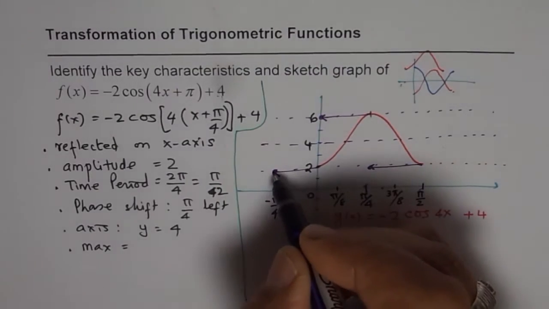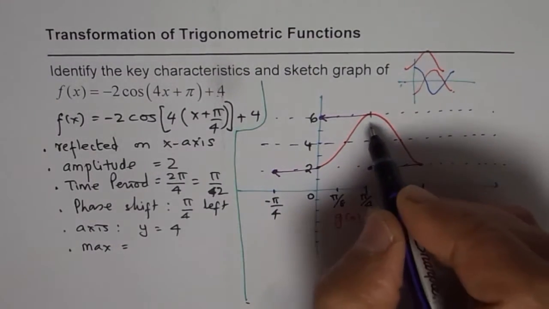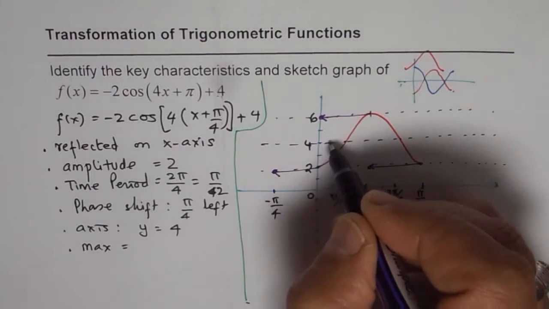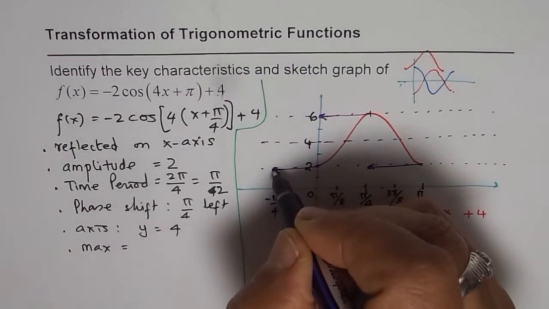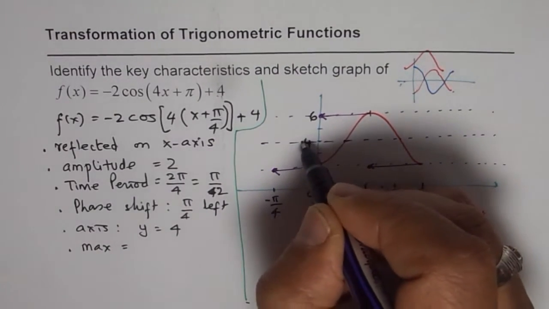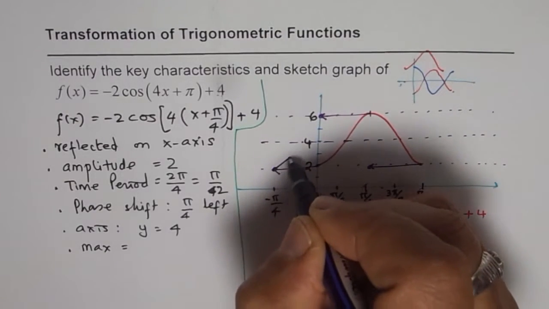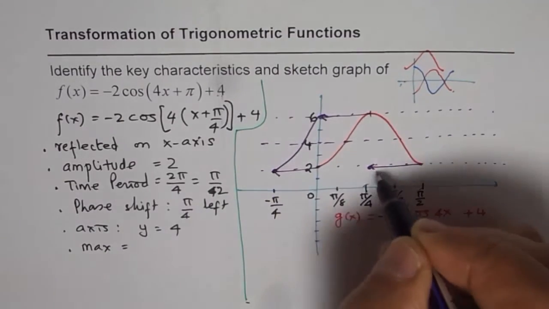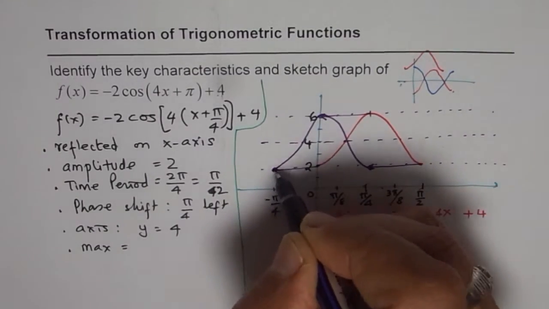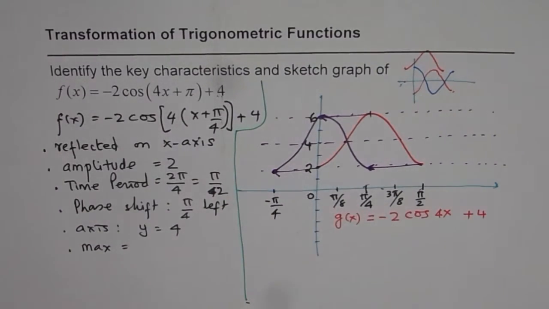So we have a graph now. This point is also coming back pi by 4. So we have a graph which is kind of somewhere here. Okay, so I'm not very sure about it. So we have this function which is kind of like this. Do you see that? That is how it is going to be.